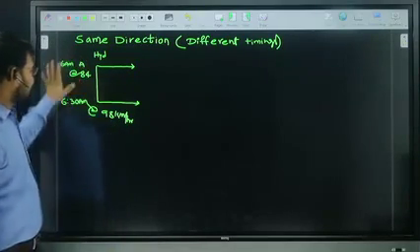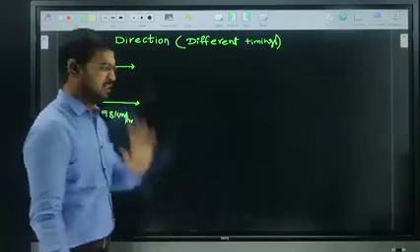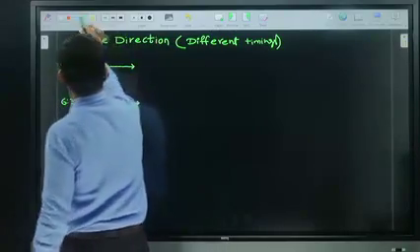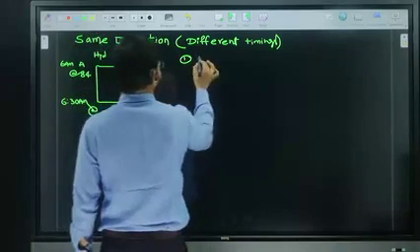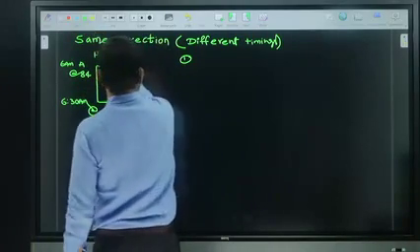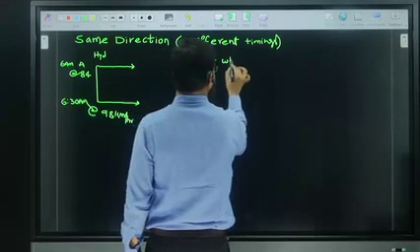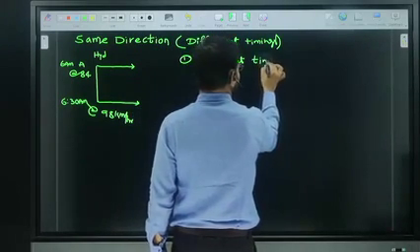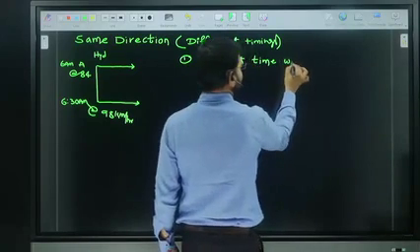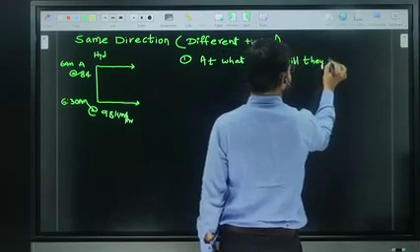So whenever they give these types of data, what are the possible questions they may ask in the exam? The first possible question: at what time will they meet?